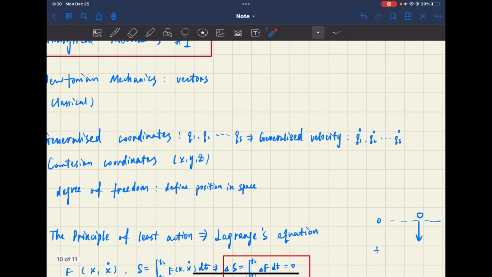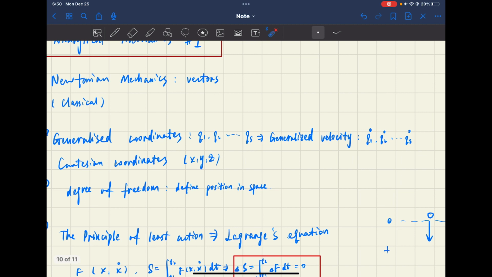We all know that taking the derivative of coordinates gives us velocity, and it's the same in Cartesian coordinates. If the velocity along the x-axis is vx, it is equal to the derivative of the coordinate on the x-axis.